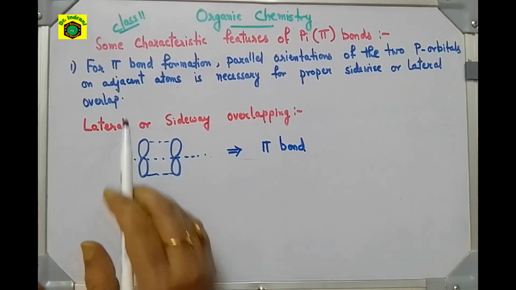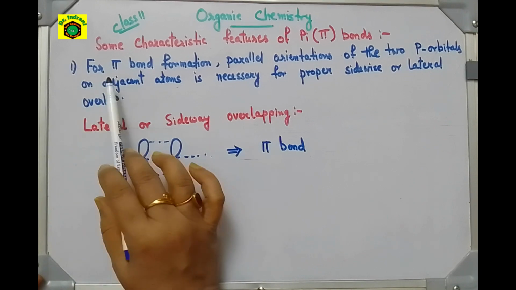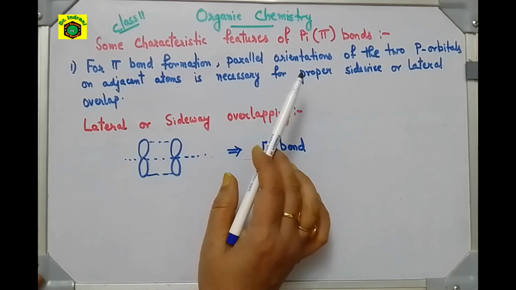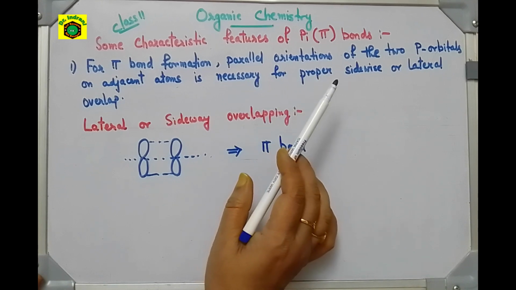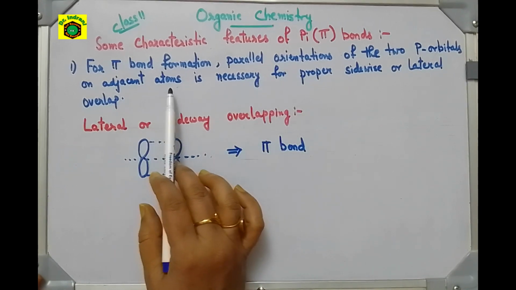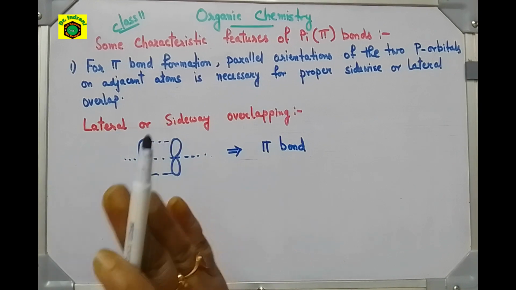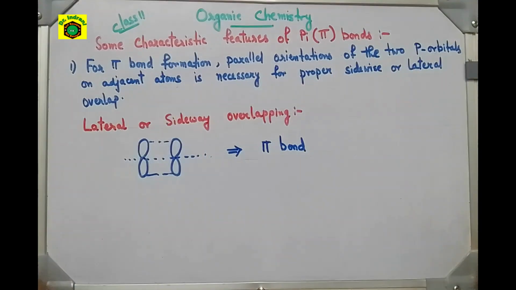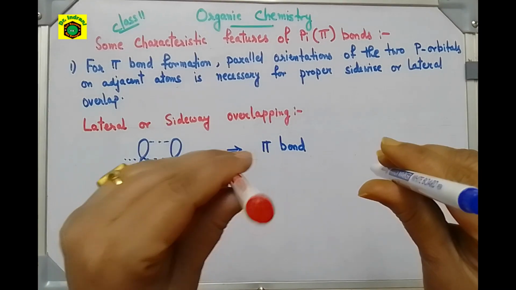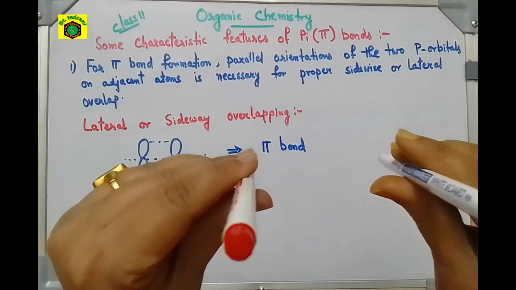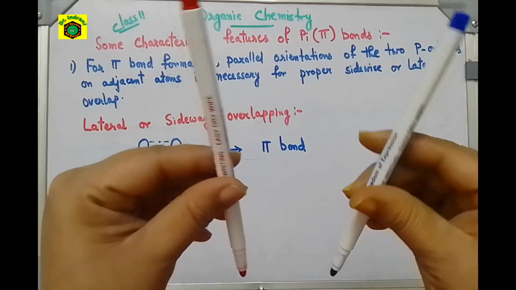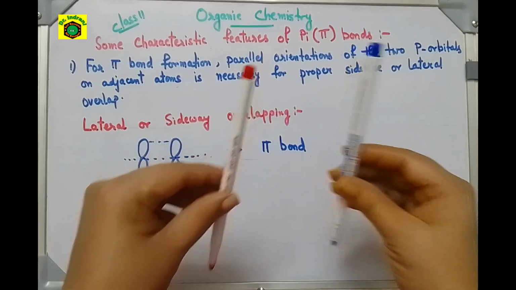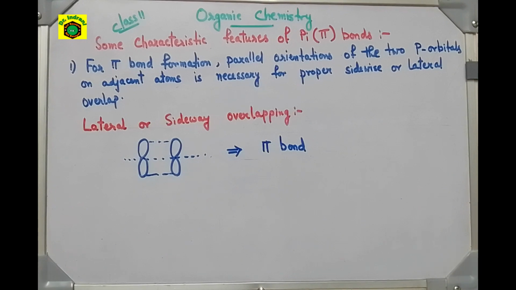Now see, first point is here, for pi bond formation, parallel orientation of the two p orbitals on adjacent atoms is necessary. So this is parallel orientation. Parallel orientations of the two p orbitals on adjacent atoms, it is like that, or you can see that way. It is forming pi bond.